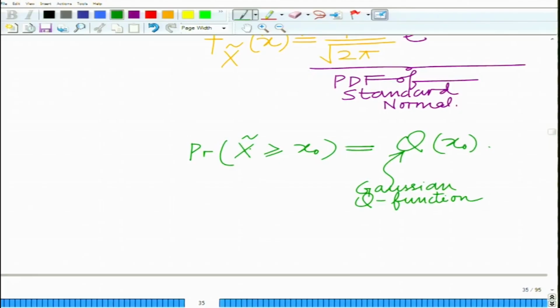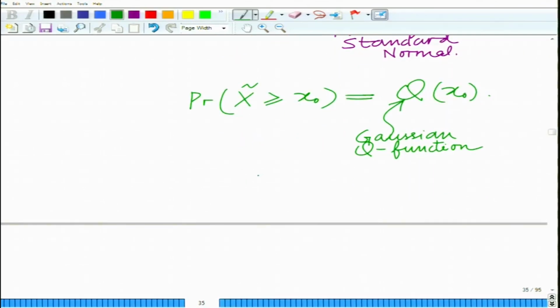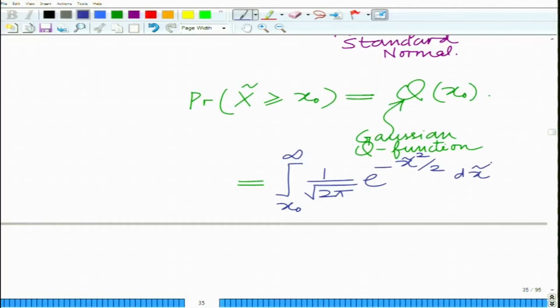It is given by the integral from x naught to infinity of the probability density function of the standard normal variable, 1 over square root of 2 pi e raised to minus x tilde square divided by 2, d of x tilde.